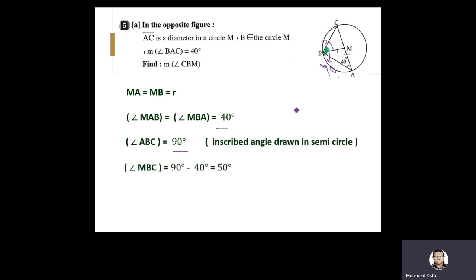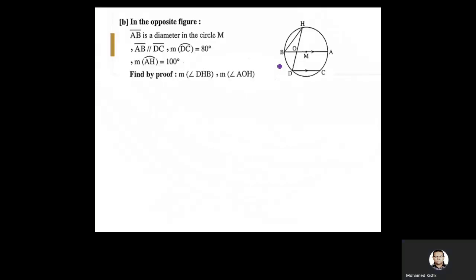Let's go to the last question. We have DC is 80 degrees and AH is 100. And we have also AB as diameter.